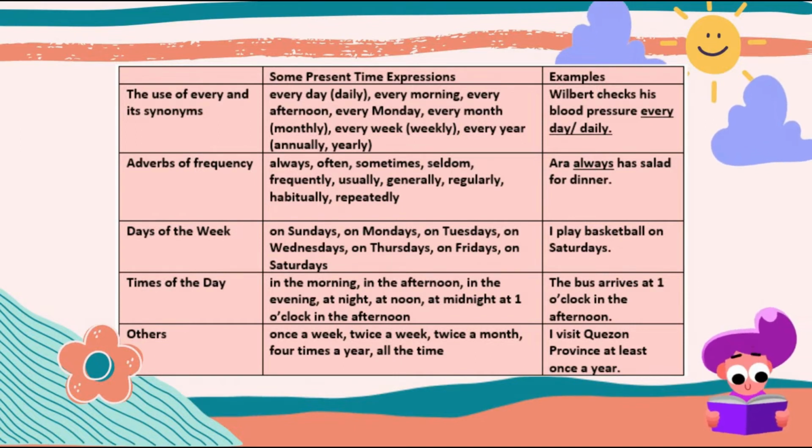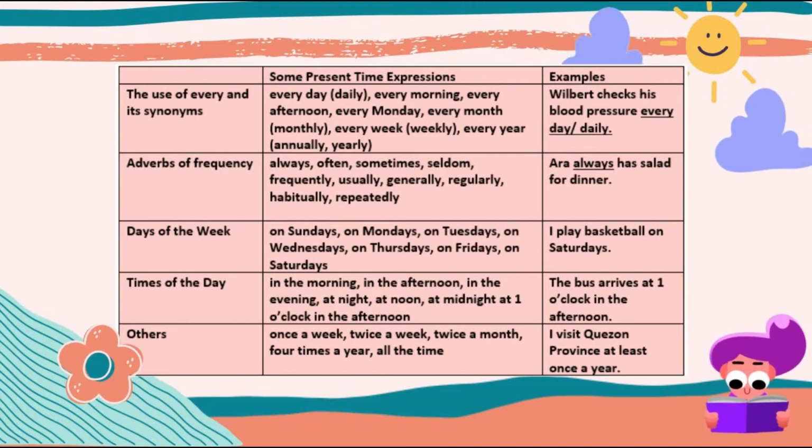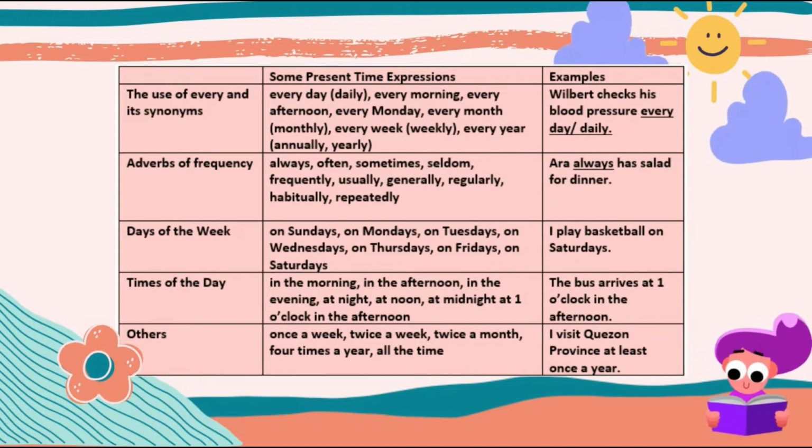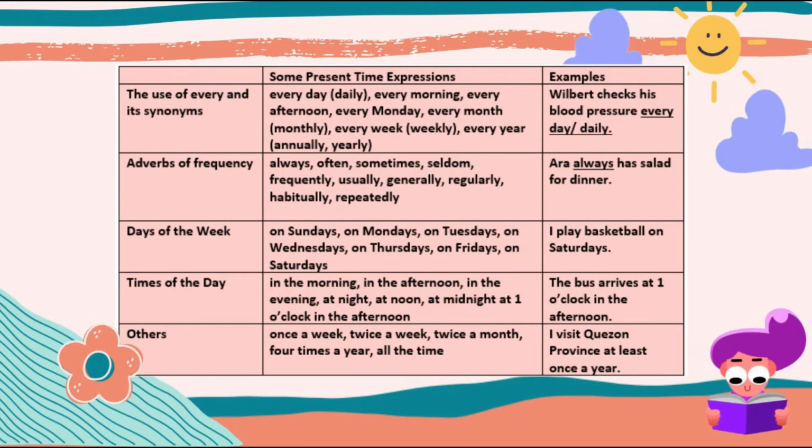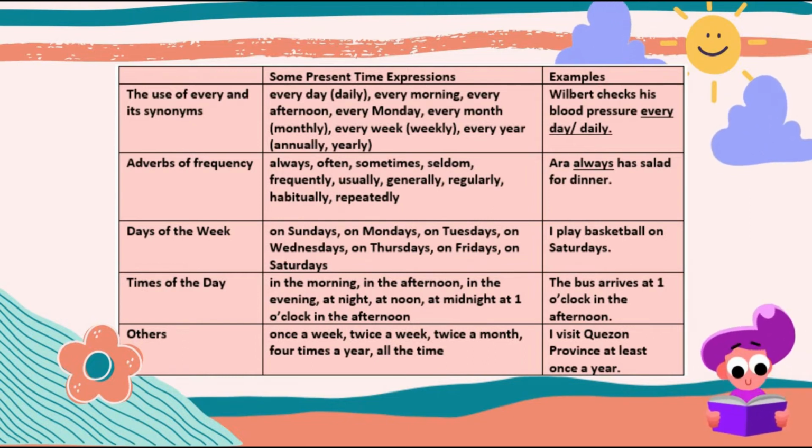Every day or daily, every morning, every afternoon, every Monday, every month or monthly, every week or weekly, every year, or we call this also annually and yearly. So those are the time expressions using every. Okay, let's have an example. Wilbert checks his blood pressure every day.